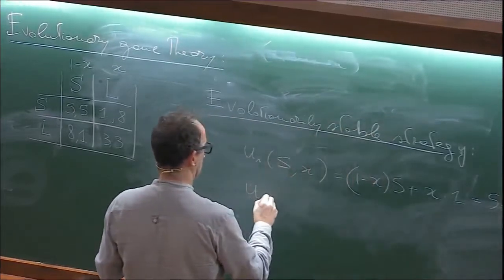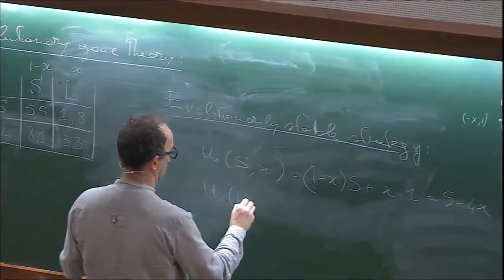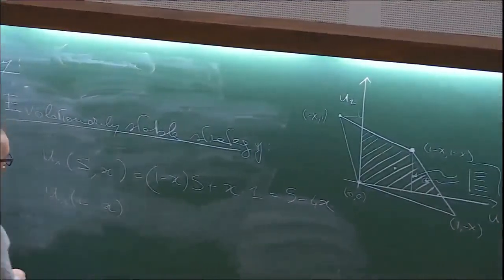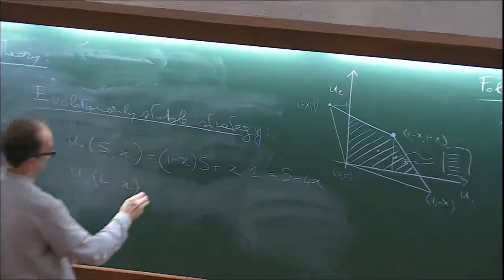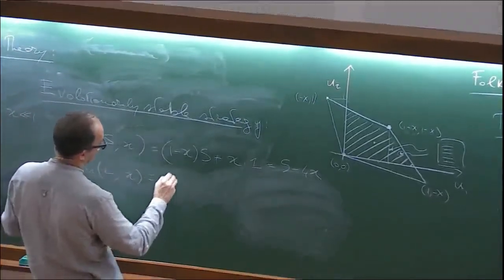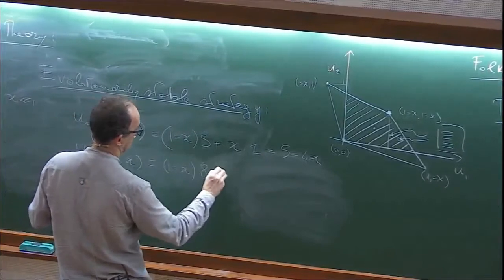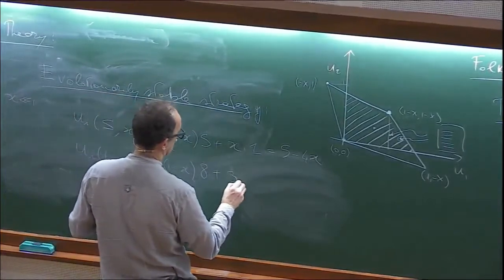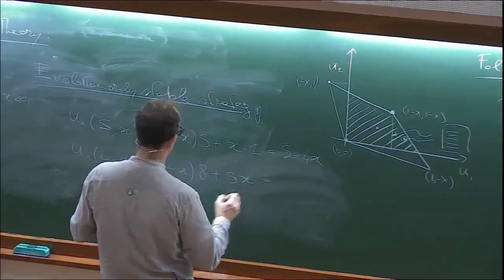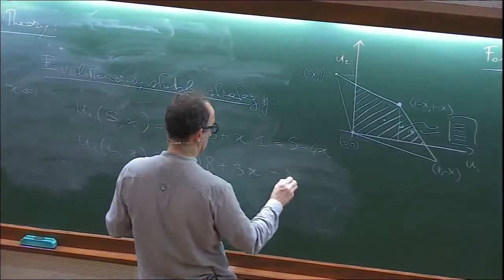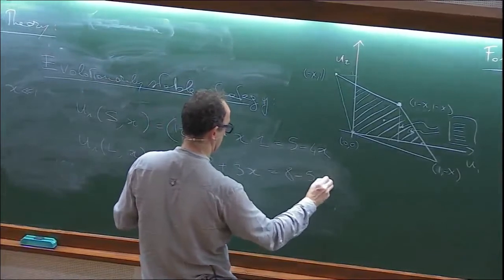And what is the fitness of L in this population? The fitness of L is (1 minus x) times 8 plus 3 times x. So you see it's 8 minus 5x.